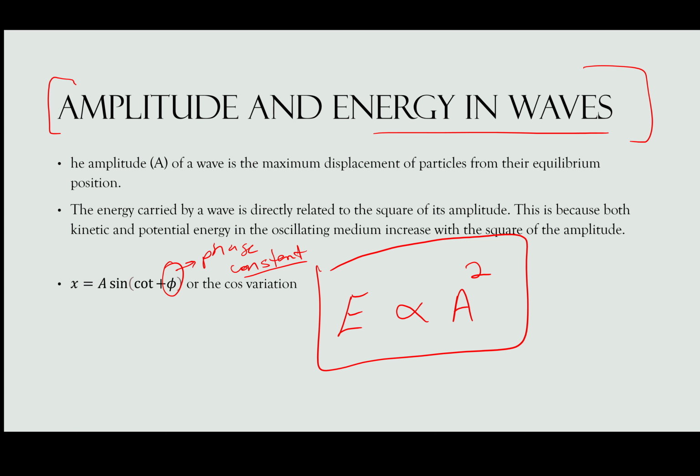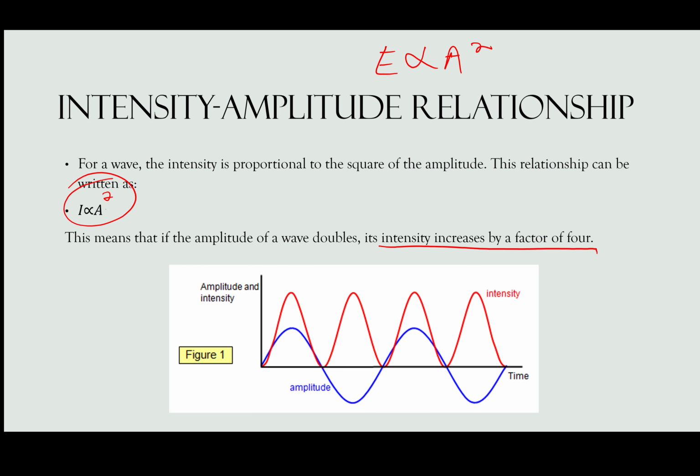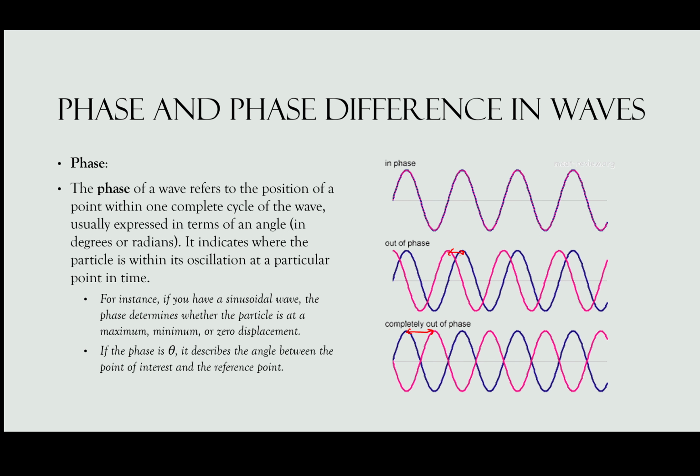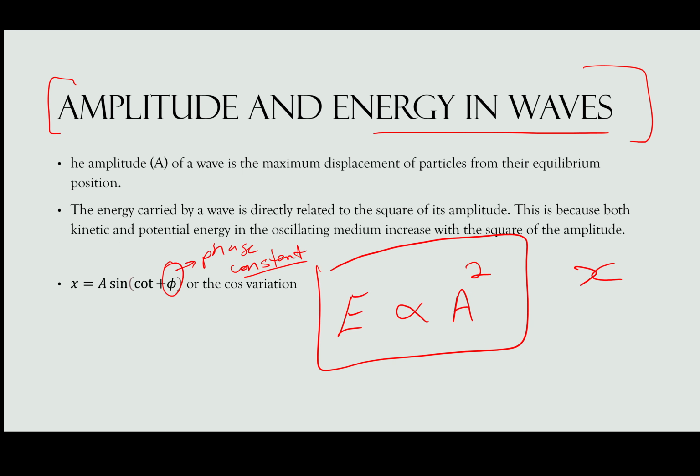It's not the same thing. It's like how x is... the phase constant describes the position of the particle. It describes the phase, like how the phase is set up in a wave. That's what it generally does.